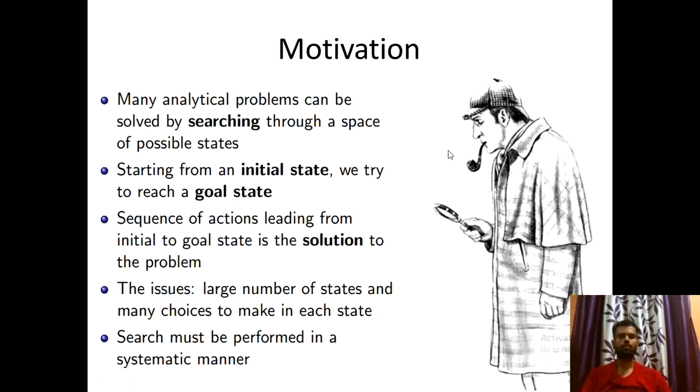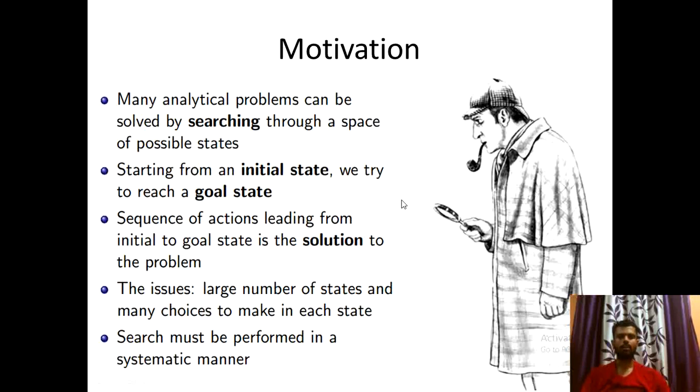First we start from the initial state, then we move towards the second state, third state, fourth state, and lastly the goal state. In between the initial state and goal state, we have to travel through different states. A sequence of actions leading from the initial to the goal state is a solution to the problem.